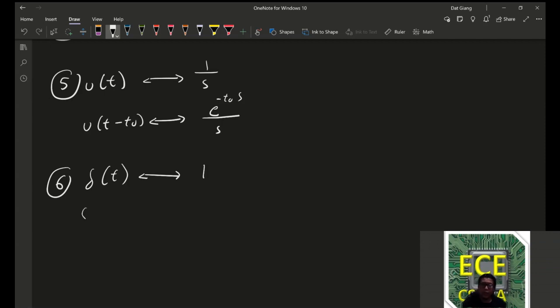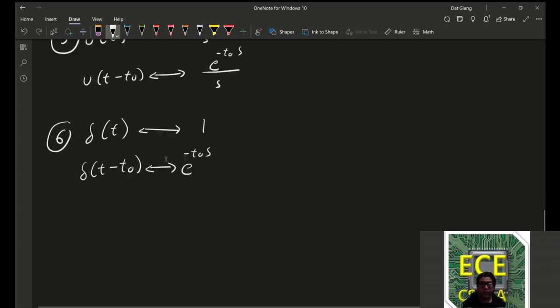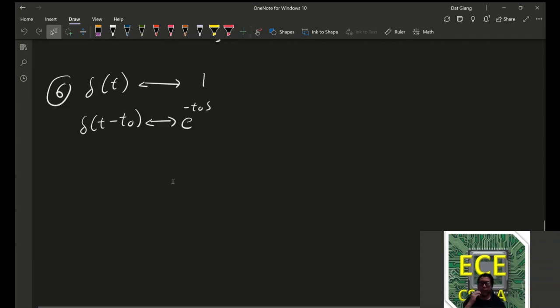However, if we were to apply a time shift, and once again, I challenge the viewer to show why this is the case, this becomes e to the negative t naught s. So that is the result that we end up getting from the delta function with some time shift in it. So these are the 6 common Laplace transforms.